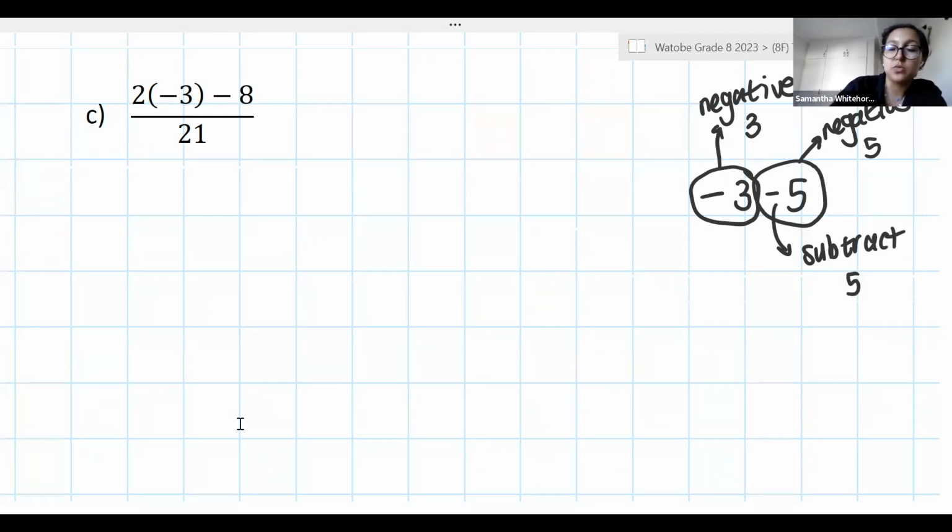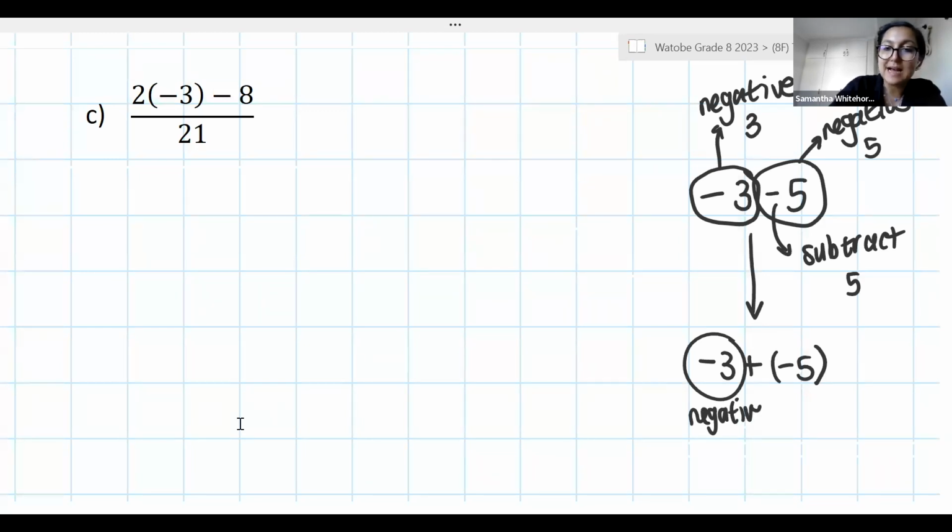We can rewrite this as -3 plus -5. So here we're saying this is a -3, and we are going to add a -5. So often a negative sign gives us 2 bits of information.